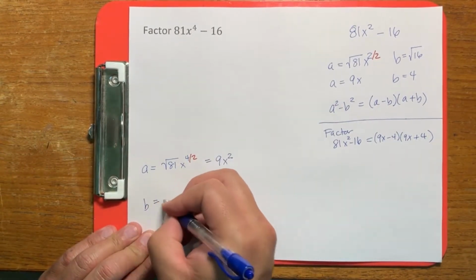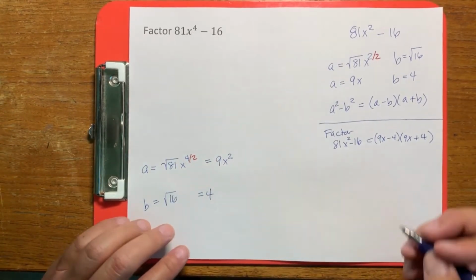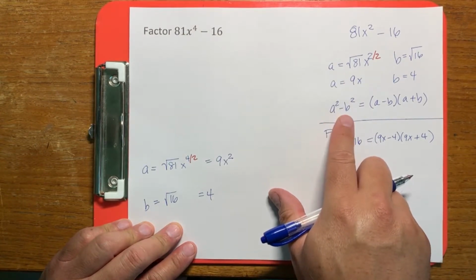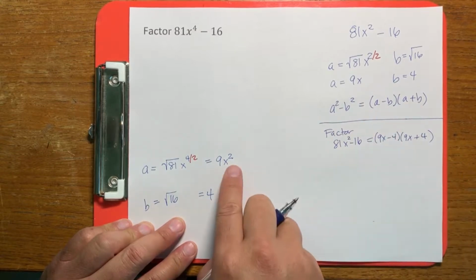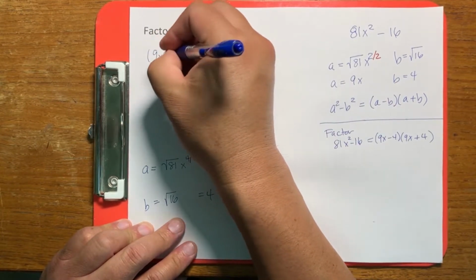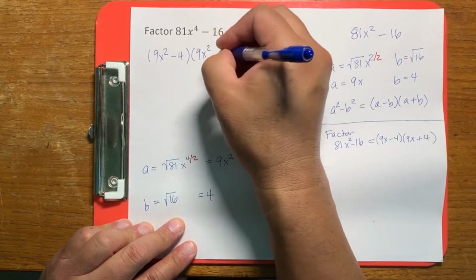With b, we're going to do the same thing, same rules apply. So we're going to use this formula again, a squared minus b squared is equal to a minus b, a plus b, except this time the a has a 9x squared there. So we'll get 9x squared minus 4, 9x squared plus 4.